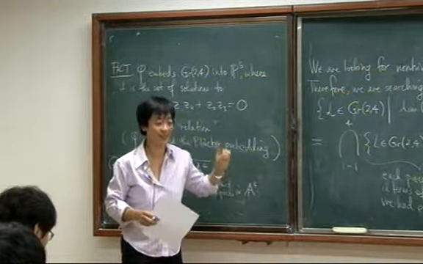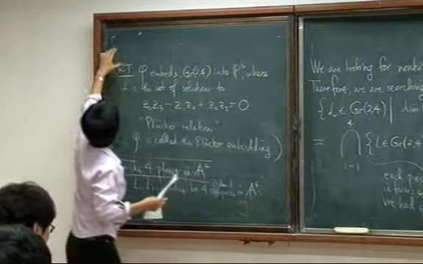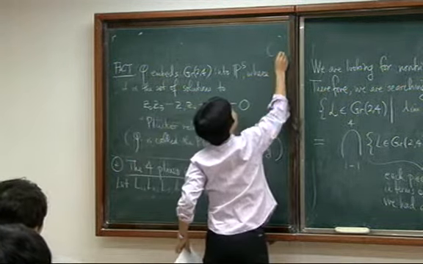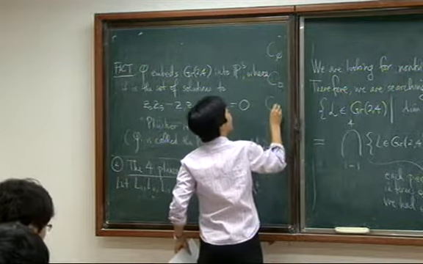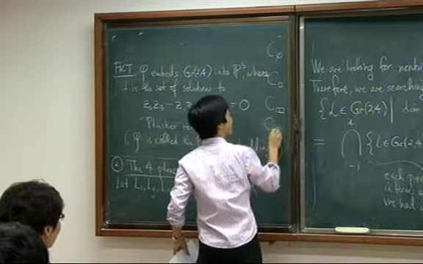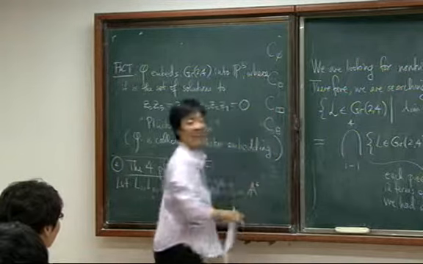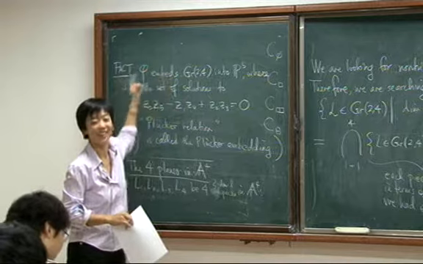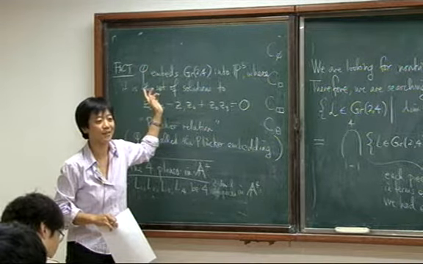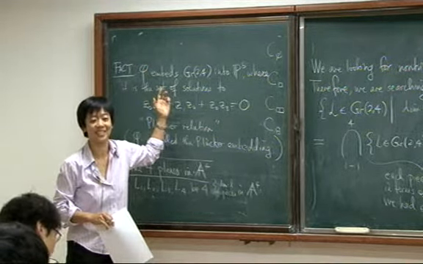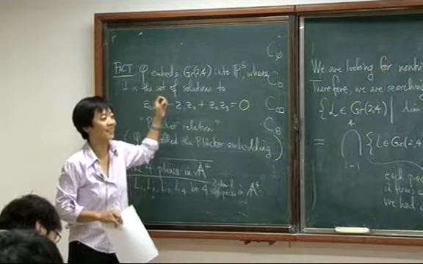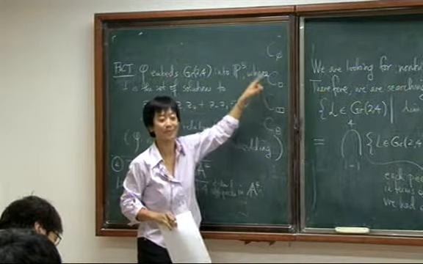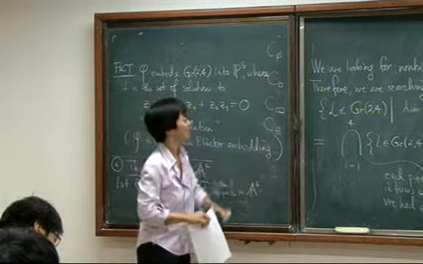And I meant to, but I forgot to write, that I will denote by C naught, C box, C double box, and so on, the corresponding subset of the Grassmannian. I just forgot to introduce this notation. So the set of planes whose row-reduced echelon form corresponds to that Young diagram, I will denote by C sub box, and etc. So I'm sorry about that.